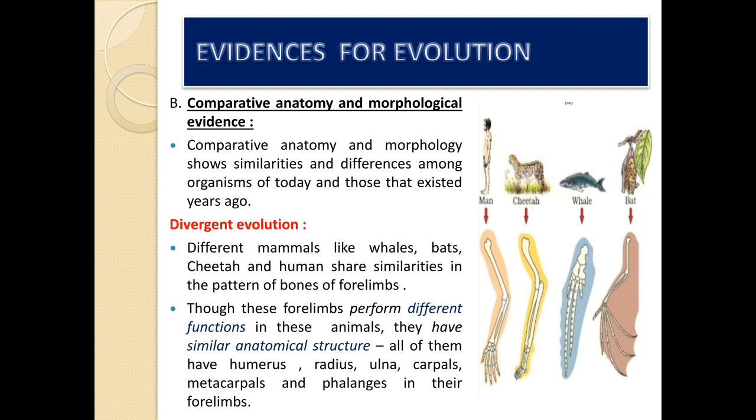They have a similar anatomical structure: all of them have humerus, radius, ulna, carpals, metacarpals and phalanges in their forelimbs. So these four organisms, which are mammals, have a similar pattern of bones of forelimbs, the same anatomical structure.